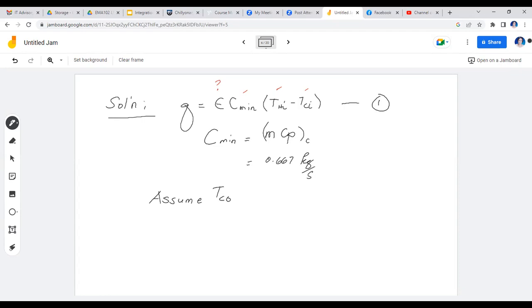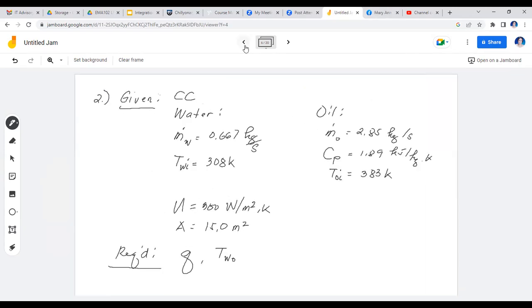So you have to make banta-banta. You just have to guess, and then at the latter part, you need to check whether your guesswork is correct or not. So what's our inlet temperature? Water is at 308 and the oil is going to be at 383 inlet. This is counter current.